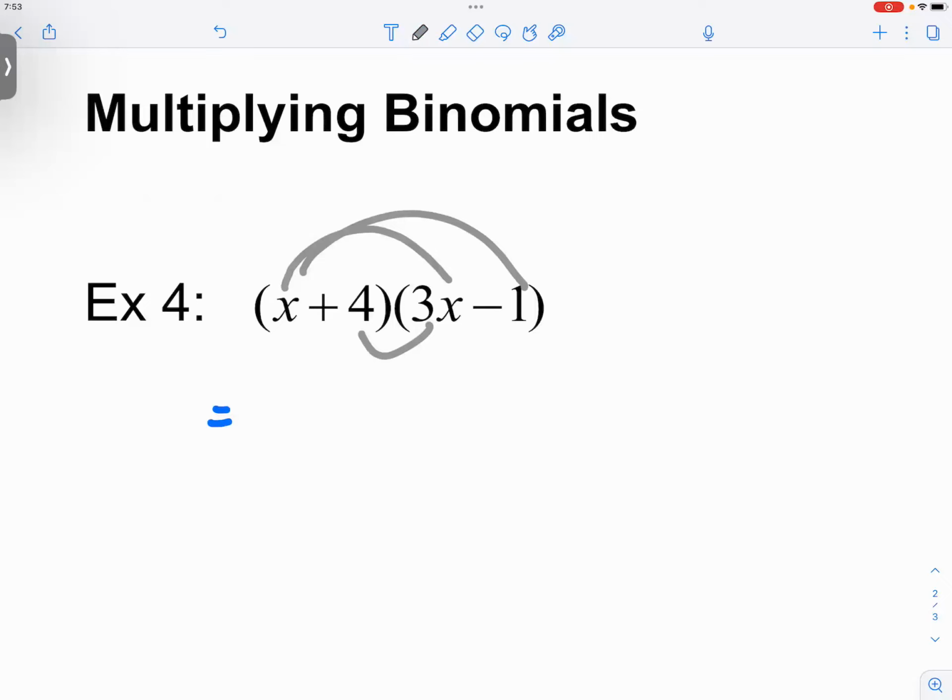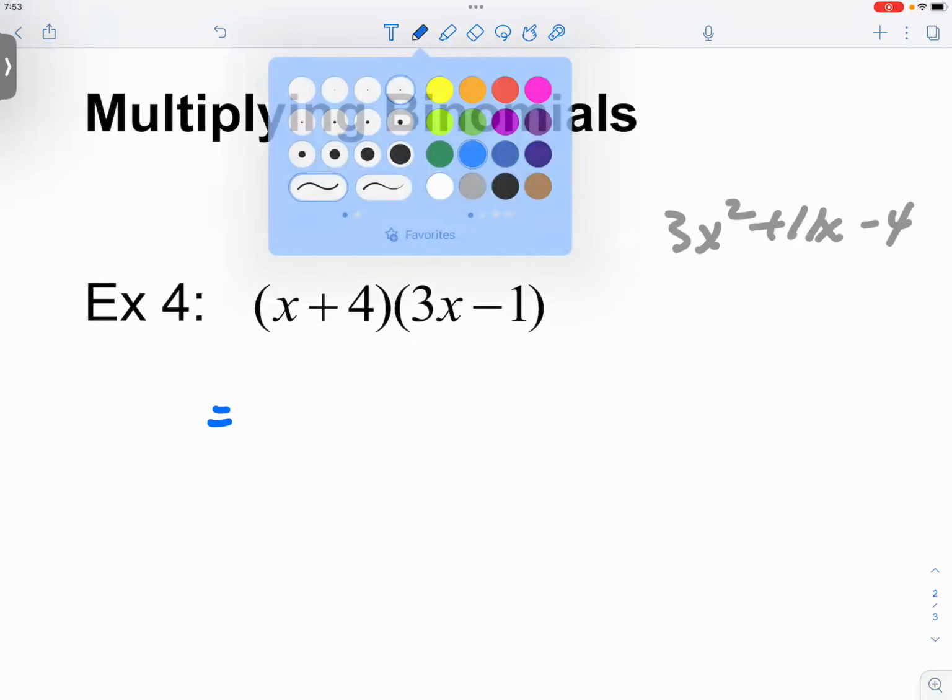So the middle term will be plus 11x. And then the very last term is going to be just minus 4. So the answer is going to be 3x squared plus 11x minus 4. So I hope you can do the FOIL mentally. Okay, that would be my standard for you.